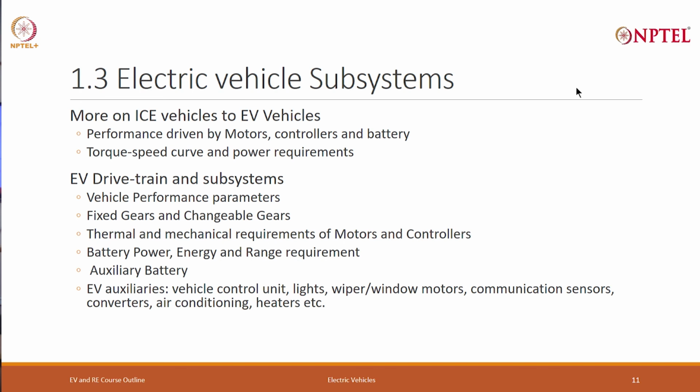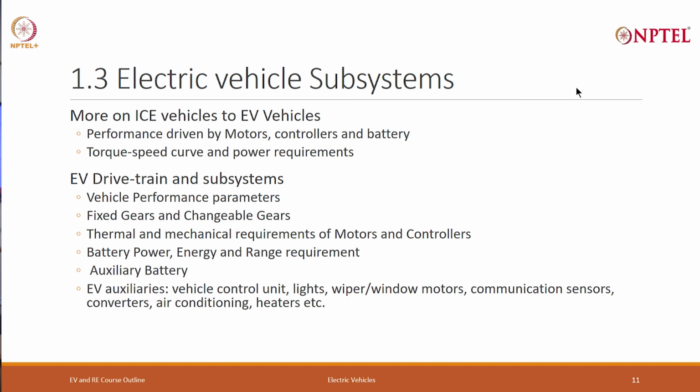And then we will get into the EV drivetrain and subsystems. We will define the vehicle performance parameters. We will talk about fixed gears versus changeable gears. Most petrol vehicles have changeable gears. An electric vehicle can have changeable gears, but you can also design good motors and controllers such that you don't require changeable gears.